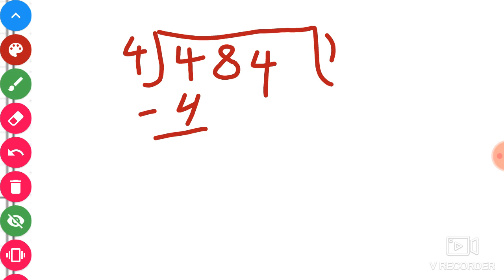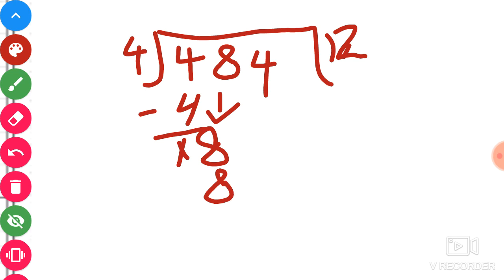Now 4 minus 4, how much we will get? 4 में से 4 minus करके how much we will get? 4 minus 4 we will get 0. We will put a cross here. Now we will carry down 8. Now 4 ones are 4, 4 twos are 8. At 2 times we will get 8. Now we will put a cross here.